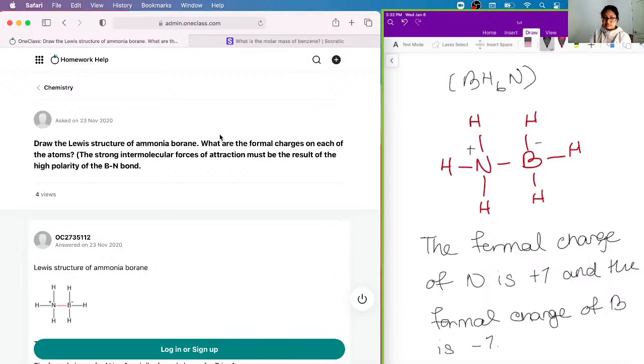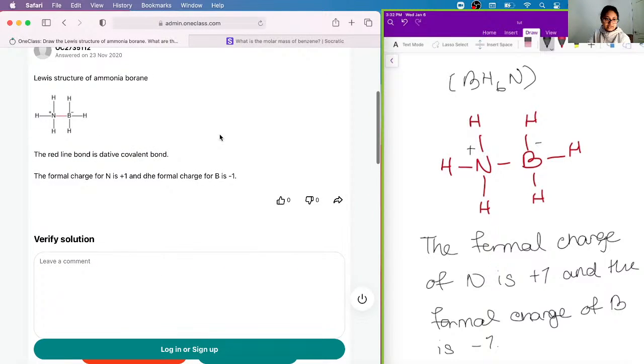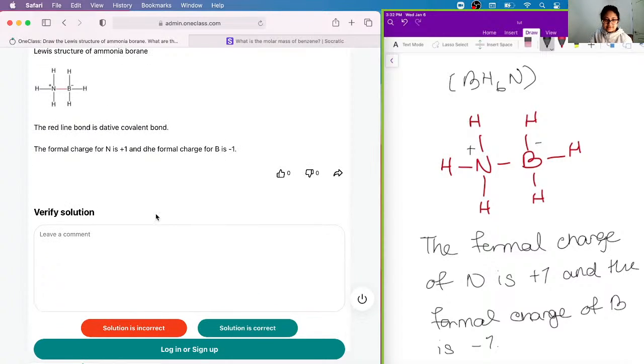Okay. So, and yeah, the line that's indicated here, the line of the NB bond, is a covalent bond. Okay.